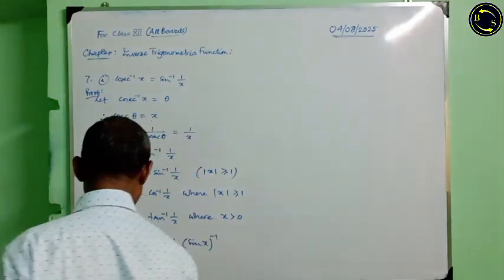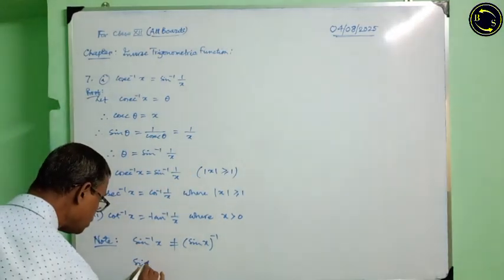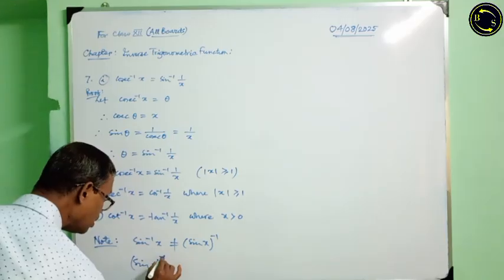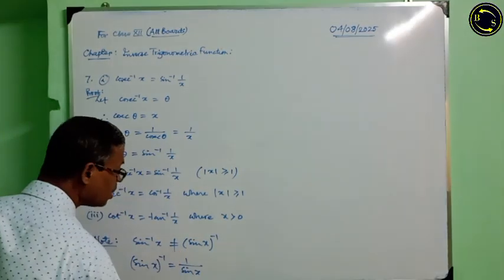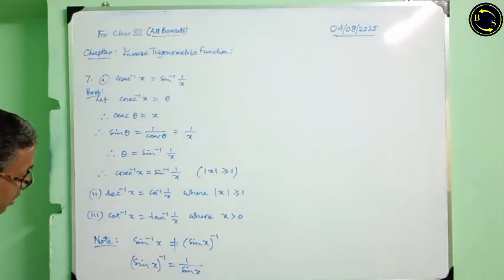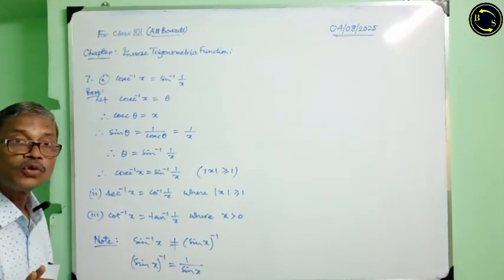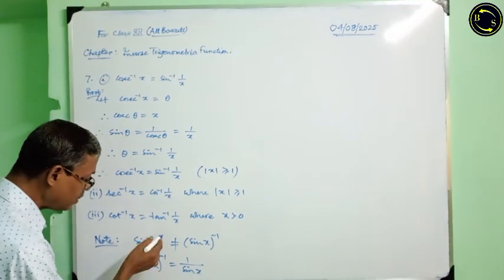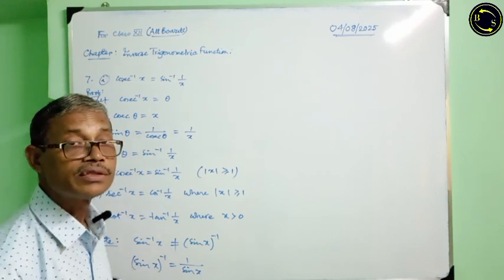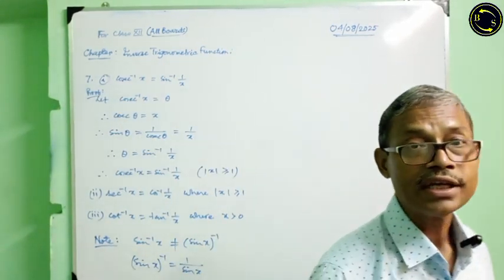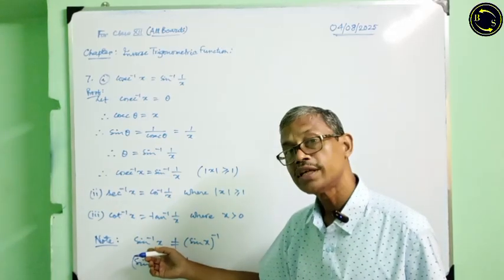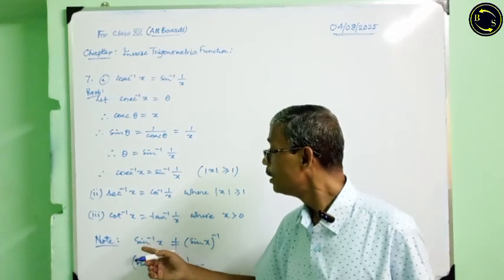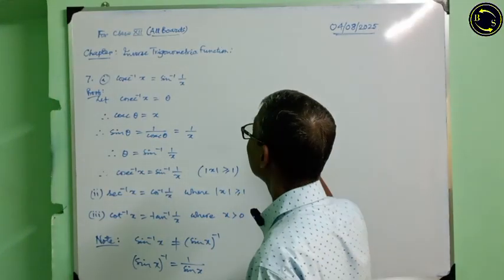Actually, sin x whole to the power minus 1 is equal to 1 by sin x. Hence, don't be confused. Actually, sin inverse x is an angle. Then I move to the next set.